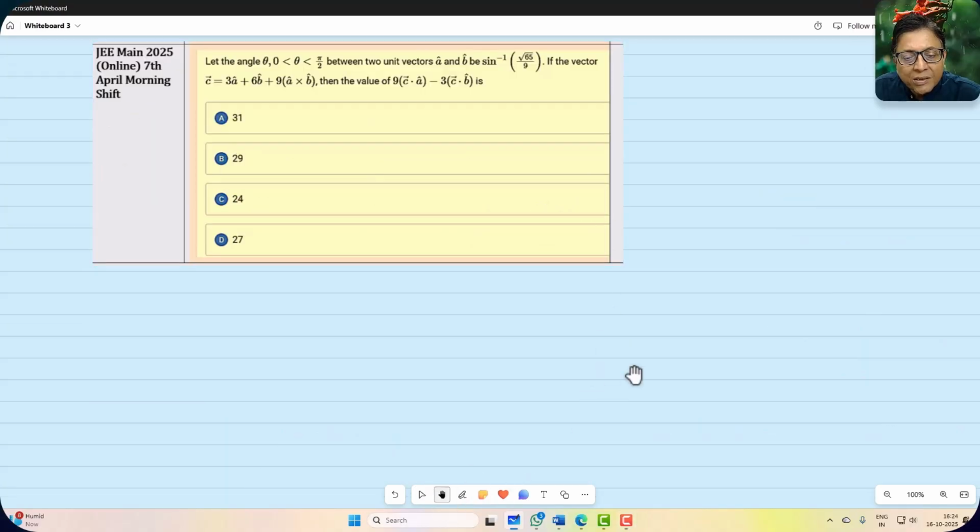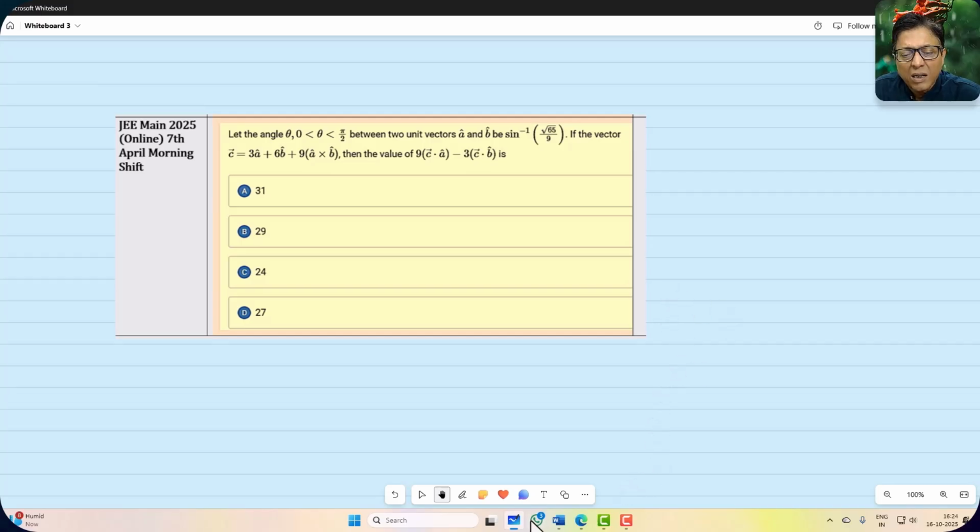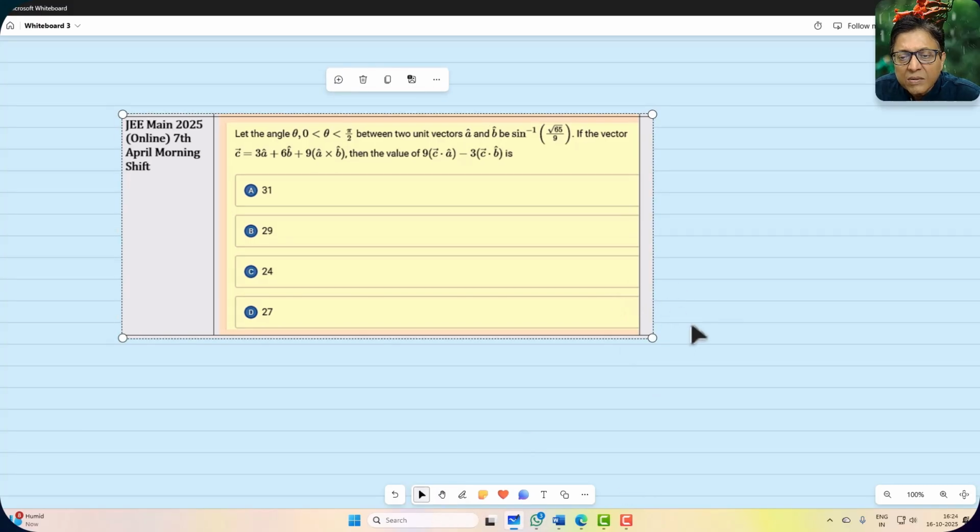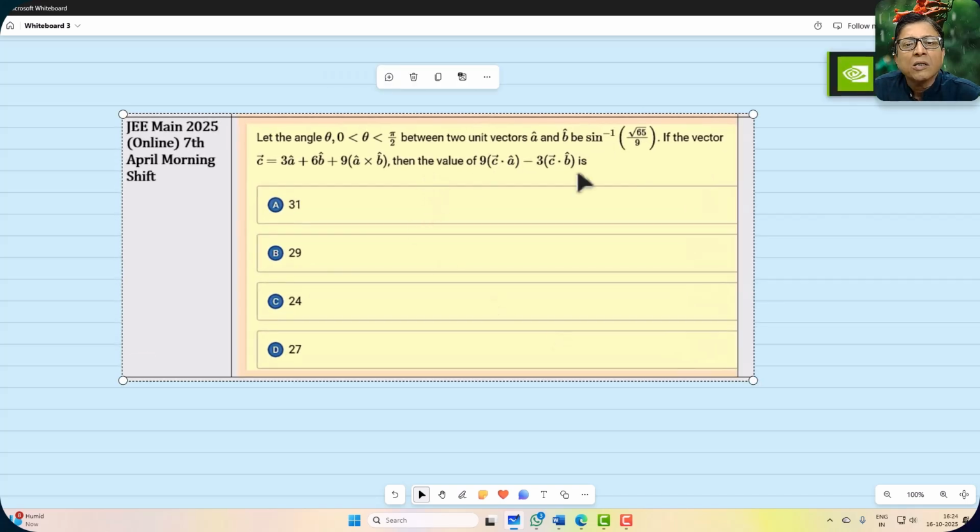This question looks a bit tricky. Two unit vectors A, B, with sin theta equal to root 65 by 9.